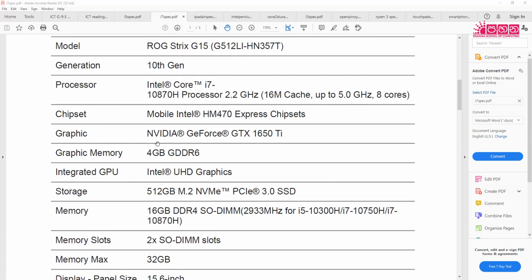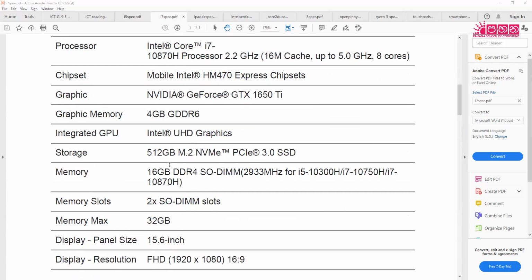Graphic is NVIDIA GeForce. Graphic memory is 4 gigs. An integrated GPU, so you have UHD graphics. Storage, 512 gigabytes. I told you SSD is the newest version, quite faster. The memory is 16 GB.